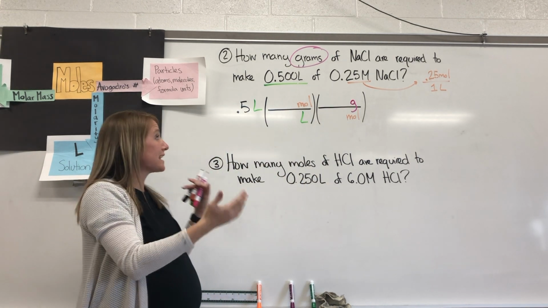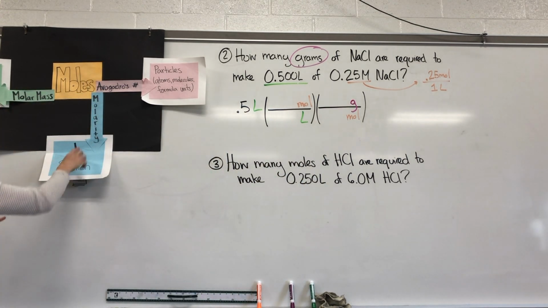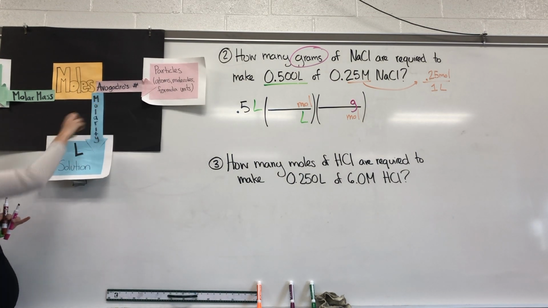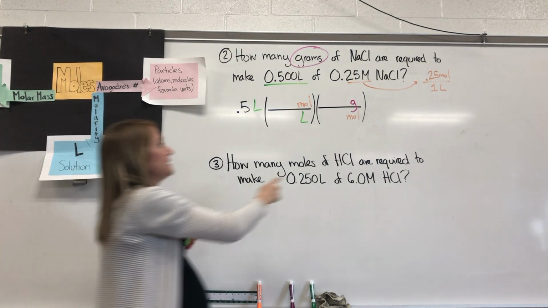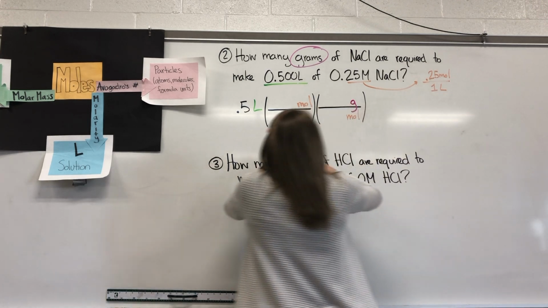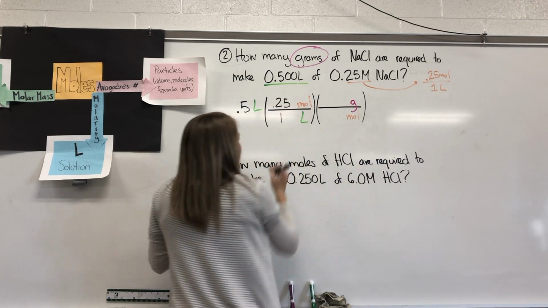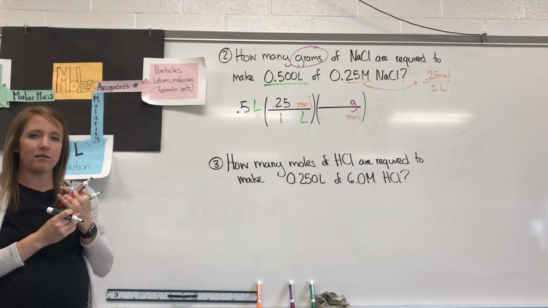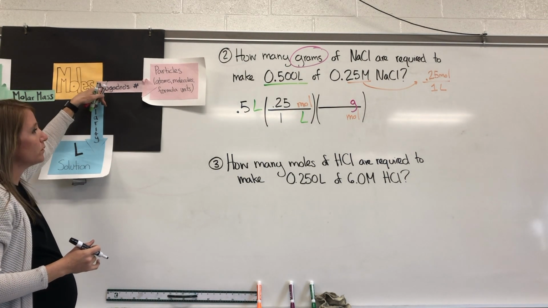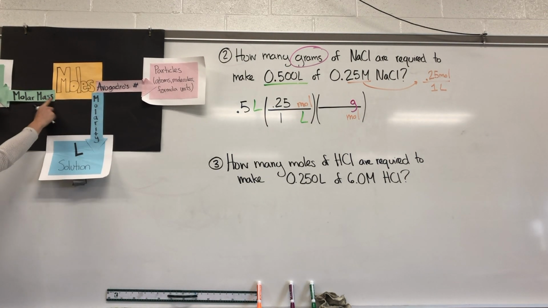Once you have your road set up, then you can set in your relationships. So the thing that connects these two is the molarity, right? So the molarity is 0.25, which always goes where the mole is, for every 1 of a liter. And then moles to grams is always connected through the molar mass of the substance.